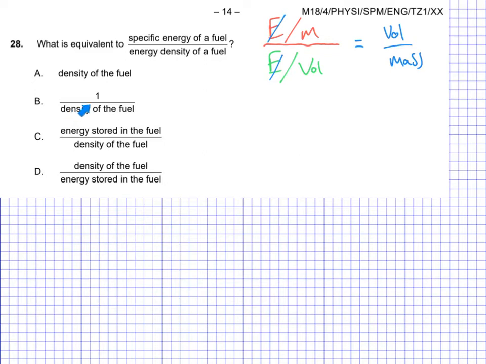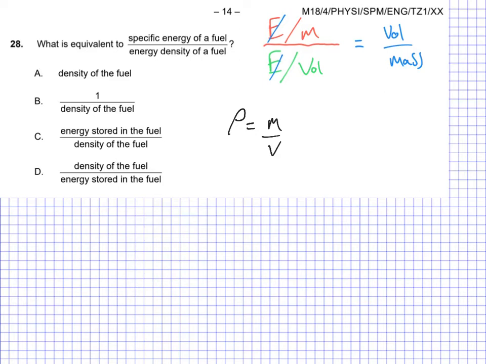Okay, so it uses density, and we need to think about density here. So remember that density, we can talk about that in terms of rho. Rho is going to be the mass over the volume. Okay, well, look what we have here. We have mass and volume, except it's the other way around.